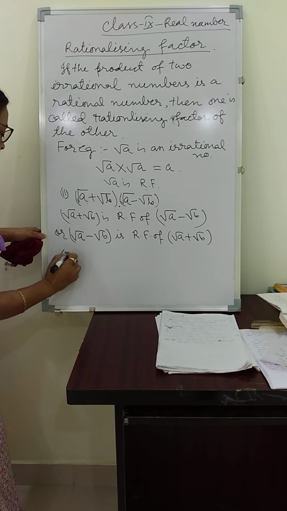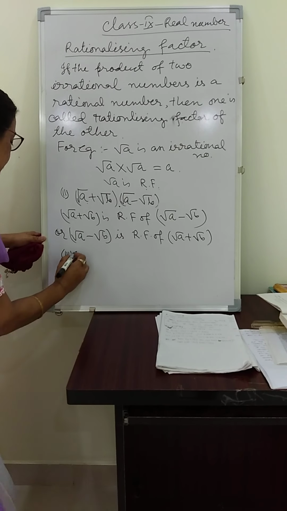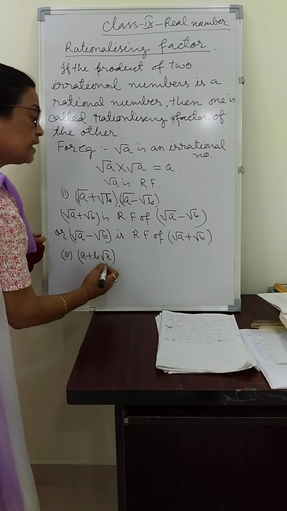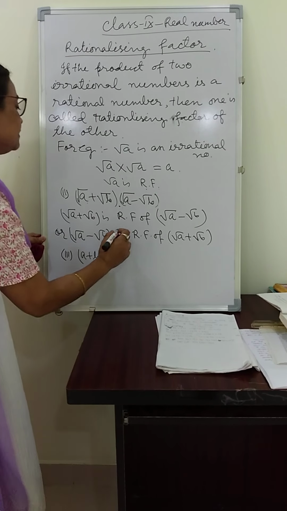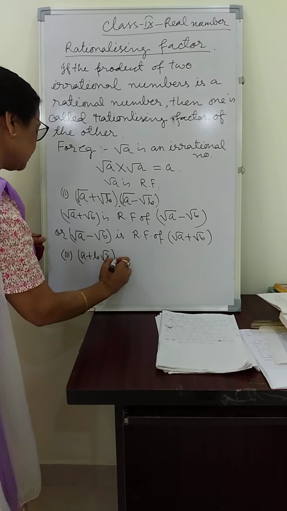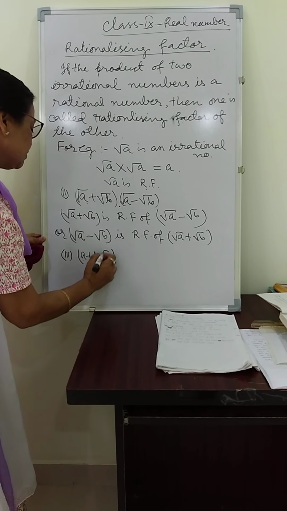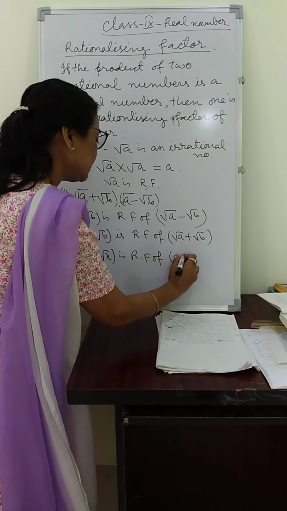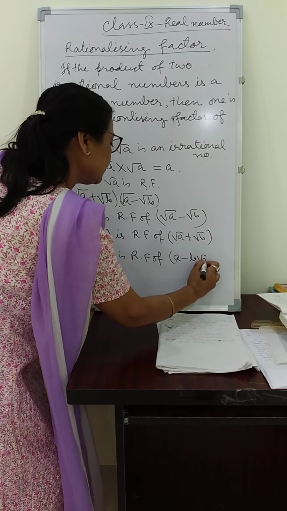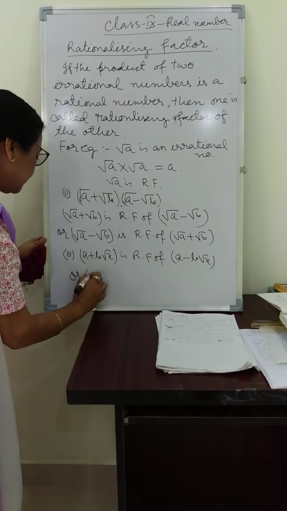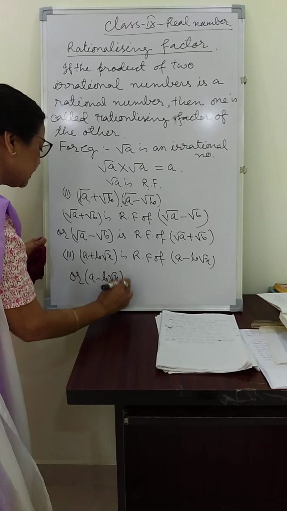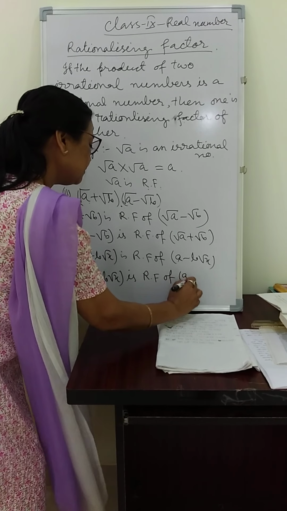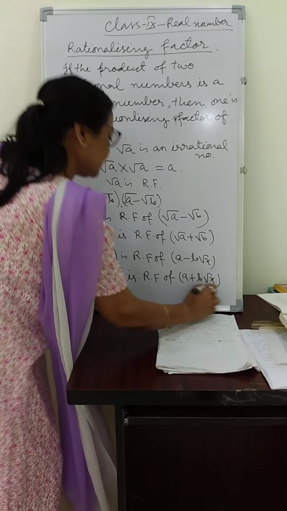Similarly, if you have another number, suppose a plus b root over x, then its rationalizing factor is a minus b root over x, or a minus b root over x is the rationalizing factor of a plus b into root over x.